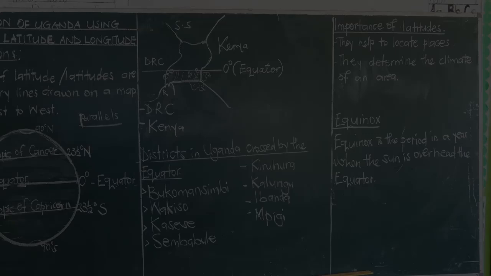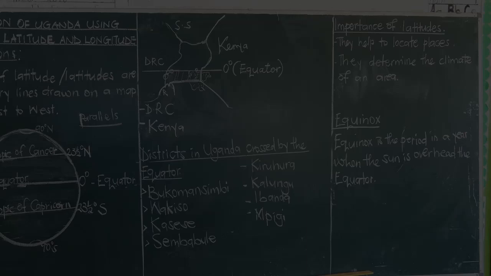If this is the Greenwich, then the 29th degree east is here, and somewhere here we have the 35th degree east, and we are finding out where Uganda is: 29 degrees east and 35 degrees still east of the Greenwich.